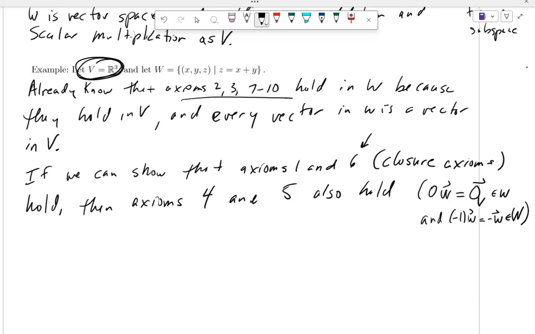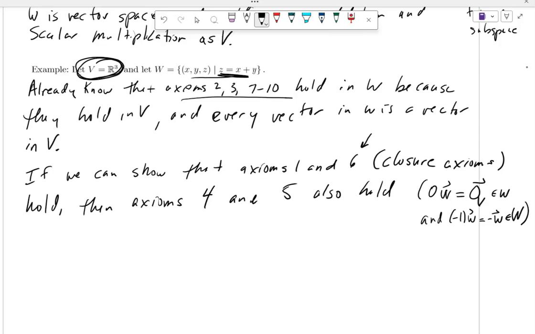Okay. This smaller set is a piece of V, right? So every vector that's in W is also in V, right? So if I put those in those axioms, if I take any two things from W and add them together, the reverse also has to work because it has to work in V. So I get it for free.